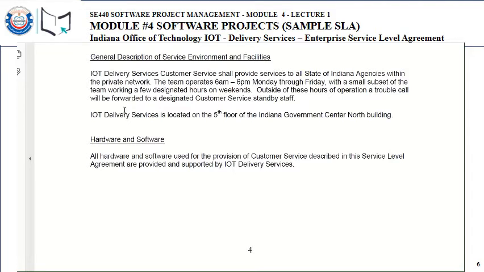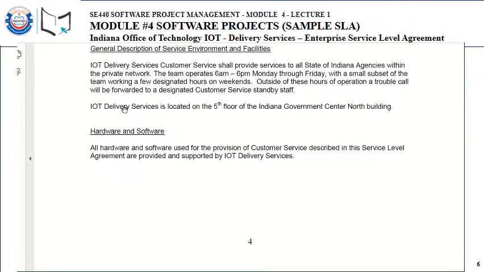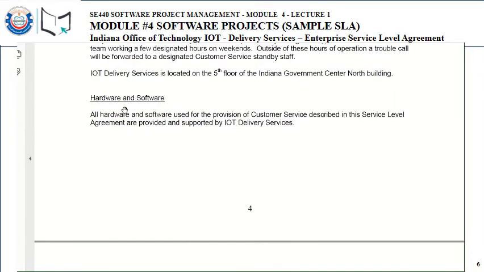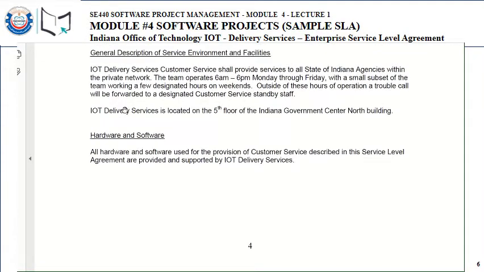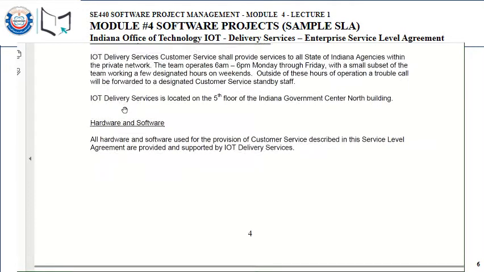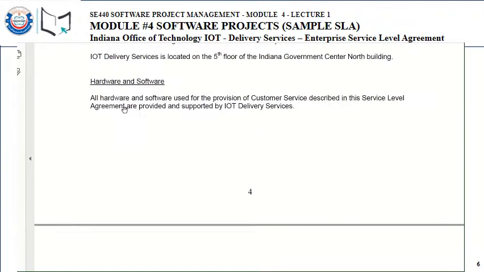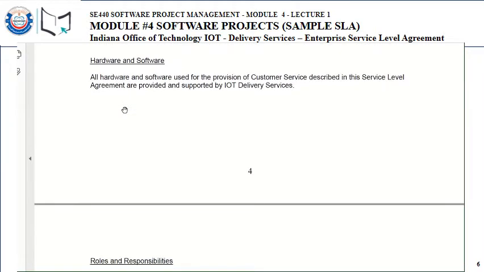Outside of these hours of operation, a trouble call will be forwarded to a designated customer service standby staff. So this is a sample description of the environment, how things work out. Then, for the hardware and software, all hardware and software used for the provision of customer service described in this service level agreement are provided and supported by the Indiana Office of Technology Delivery Services.